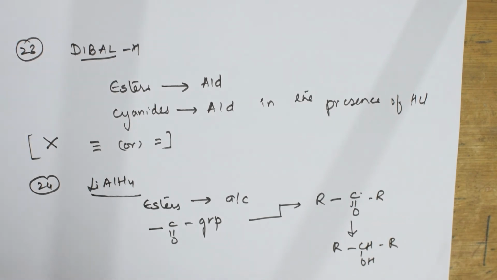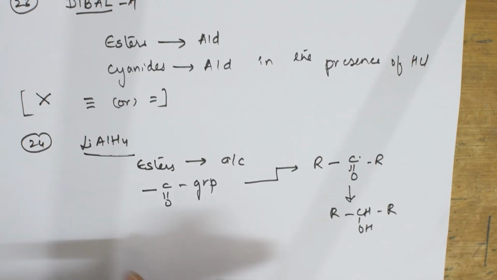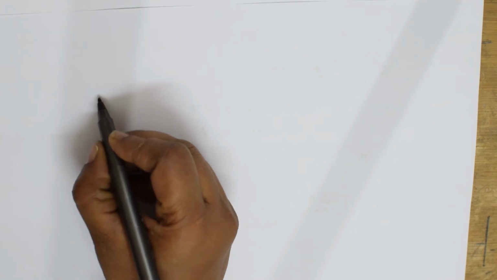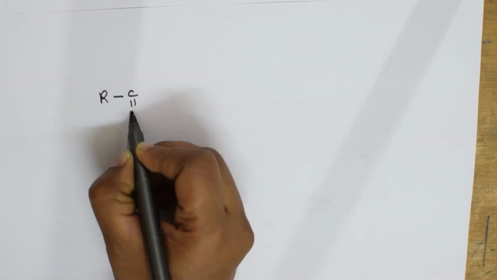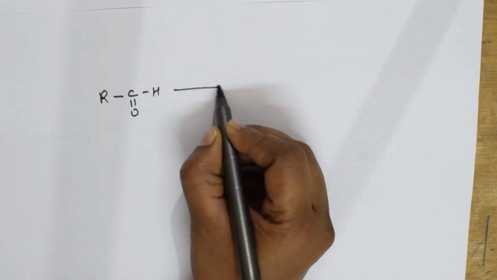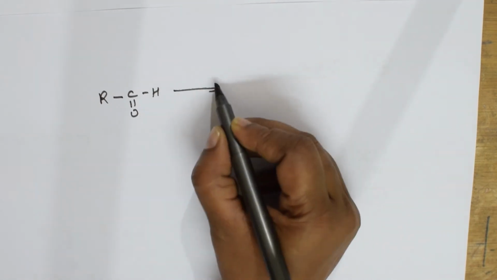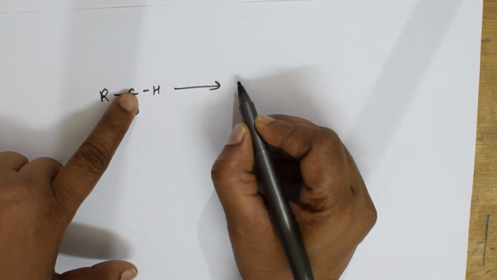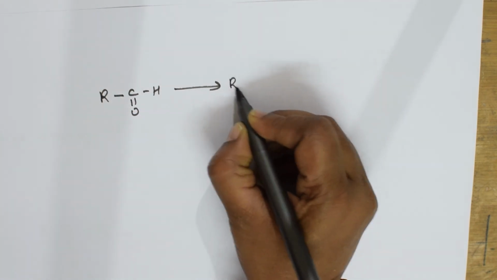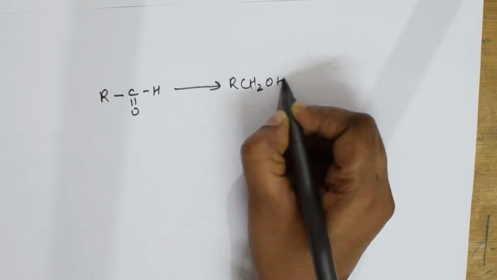Right, students? Wherever there is a C double bond O group, it's going to break that and form the compound. Now let me see one more group. Suppose I have R, C, OH with lithium aluminum hydride, this bond is going to shift, one hydrogen adds here, and this gets converted to RCH2OH.